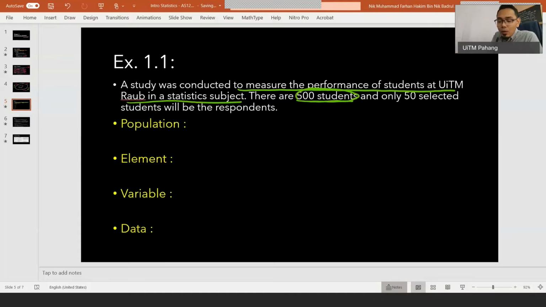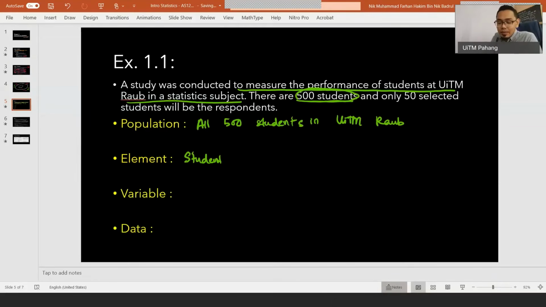All 500 students, with S because it is plural. So the element is actually the students. Kita nak kaji siapa? Student. The element is the students.